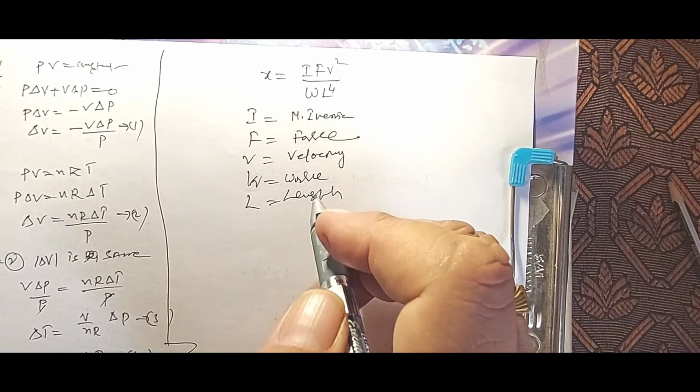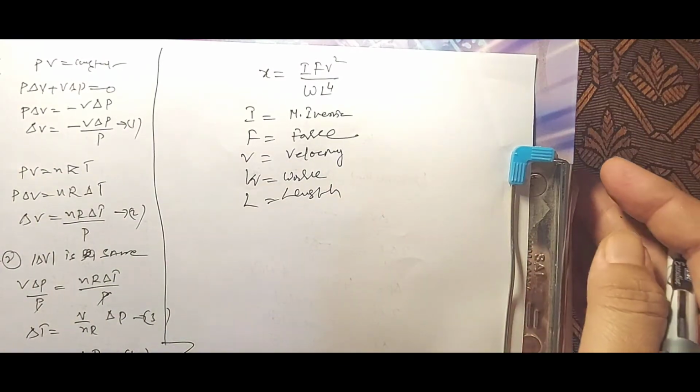The dimension formula for x is which of the following?